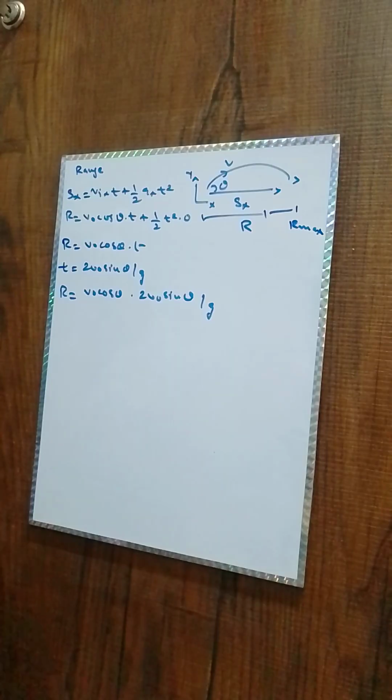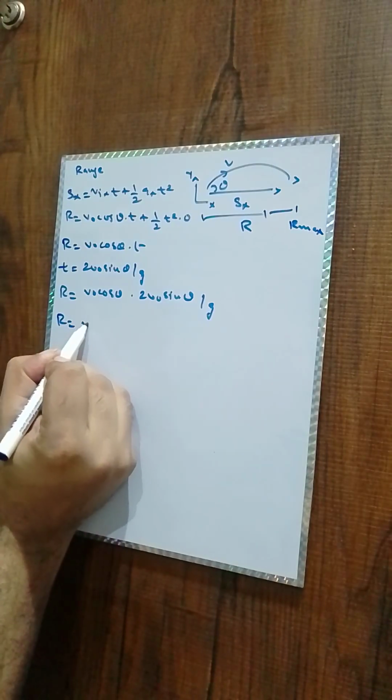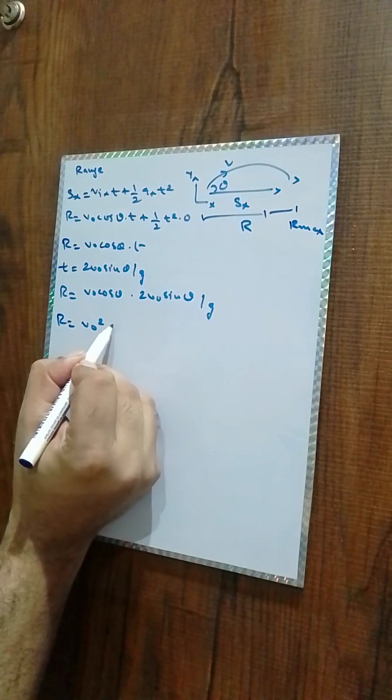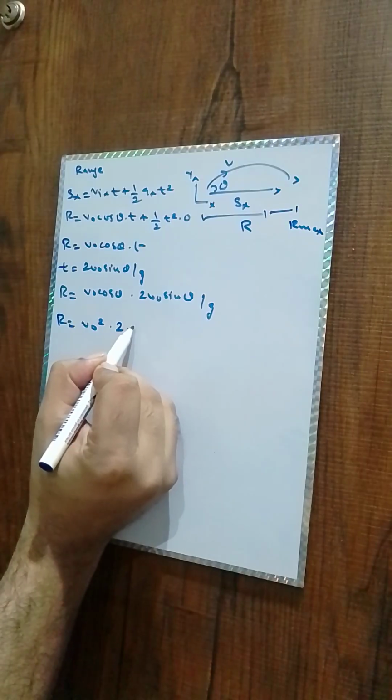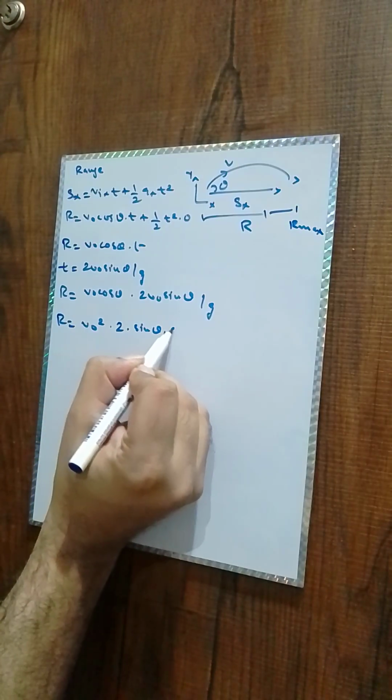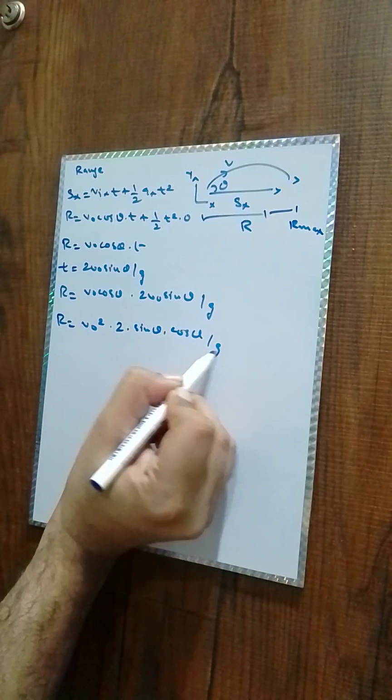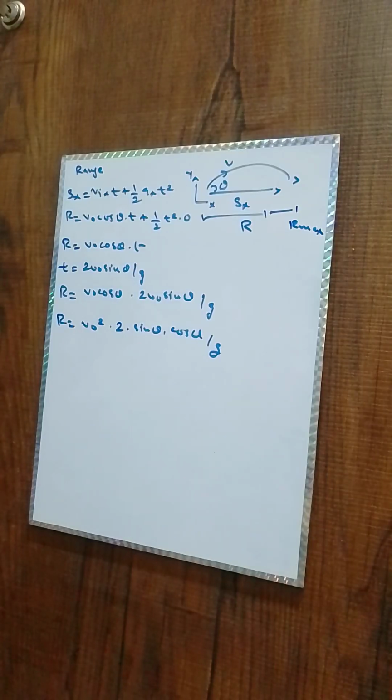Okay, so what we get is v naught squared times 2 times sine theta times cos theta by g.